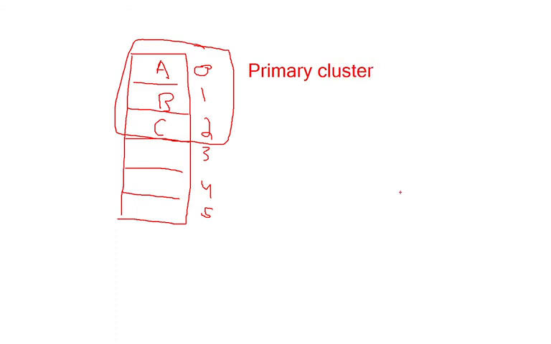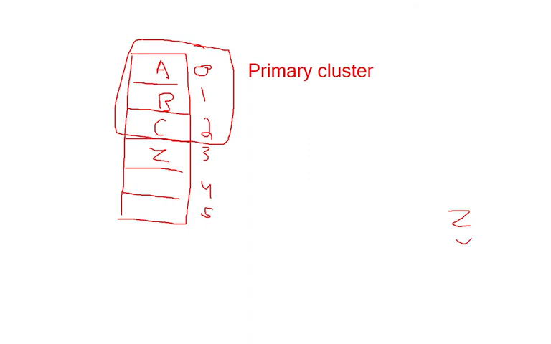Because maybe you get another key, let's say Z, which is mapped to slot number 1. Now it's not 0, but it is mapped to slot number 1. But since slot number 0 was not available, the data which was supposed to be stored in slot number 0 is now stored in slot number 1. And this slot is not available for that, so by linear probing you go to the next slot, which is free, so you store Z here.